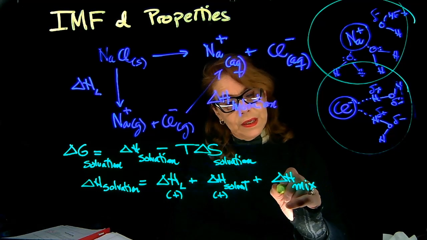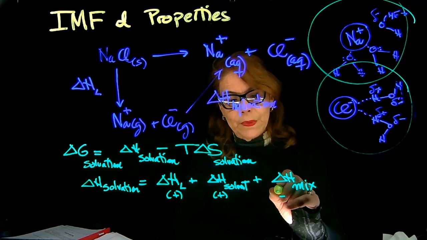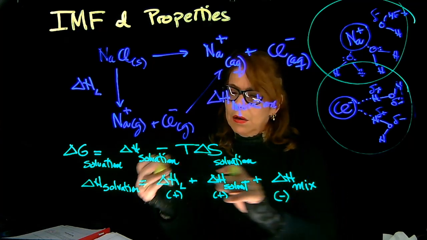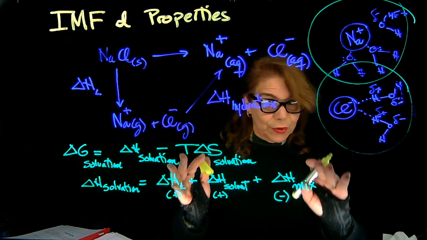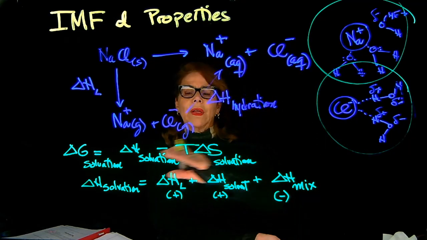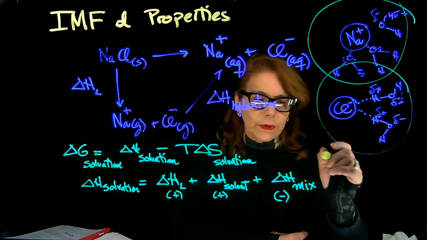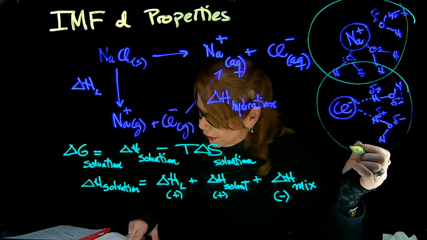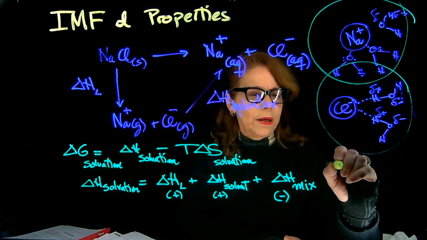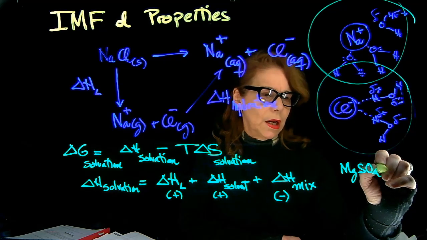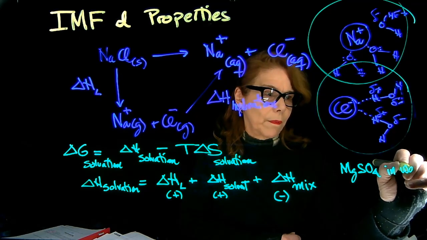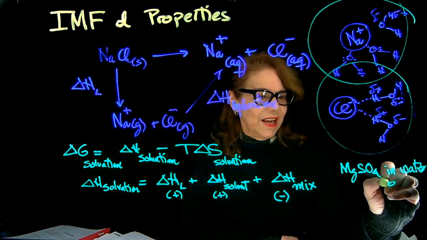If this is exothermic, then depending on the size, the overall process will be exothermic or endothermic. So that will give me the change in enthalpy of solvation. And this varies, for example, if I dissolve magnesium sulfate in water, this is exothermic.